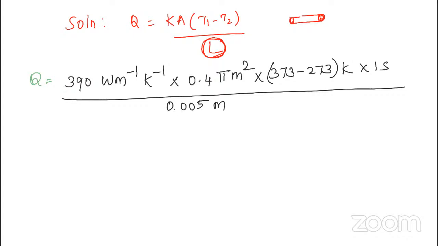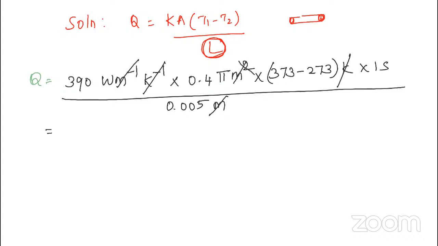Okay, so now the common terms you have to cancel. Plus 1 and minus 1 should be cancelled. And here meter square and meter, that is 1 cancelled. And here minus 1 and here plus 1 should be cancelled.